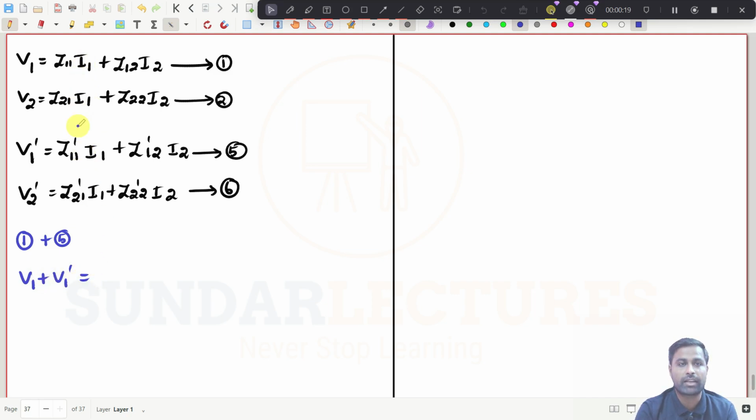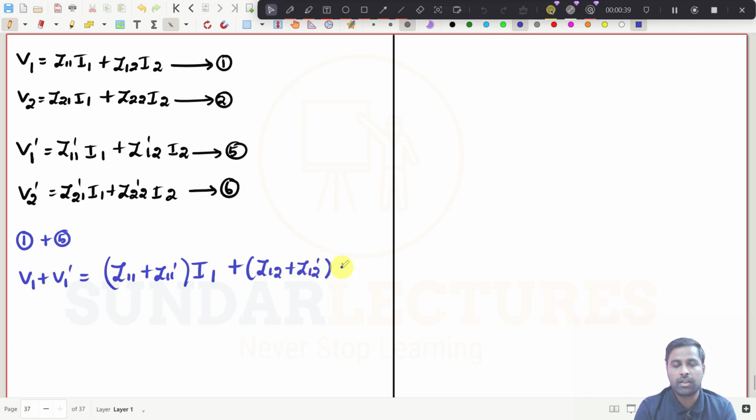The coefficient with Z11 and Z11 dash is I1. So it will be Z11 plus Z11 dash into I1, plus Z12 plus Z12 dash into I2. This is the equation.